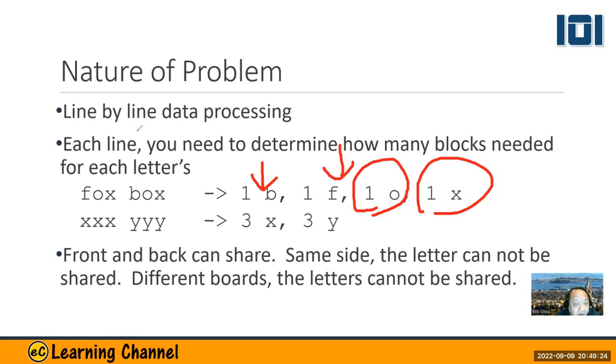So you need to analyze it line by line. Second one, you need 3X and 3Y. Front and back you can share. Same side, the letters cannot be shared. So this one is with same side, your XXX and YYY you cannot share. So this one you totally would need to have 3X and 3Y, right?